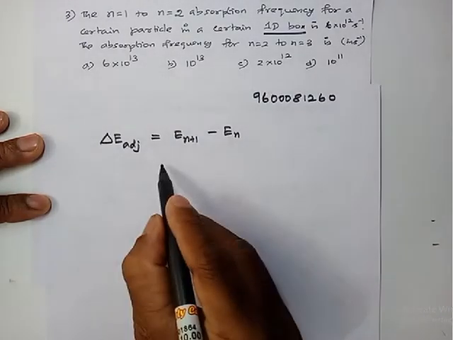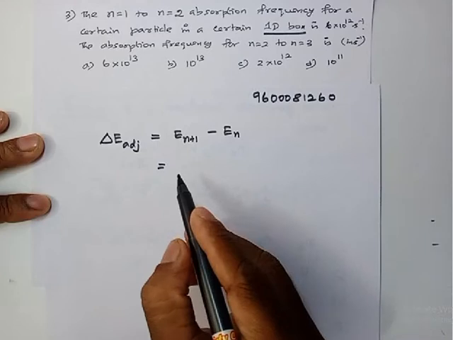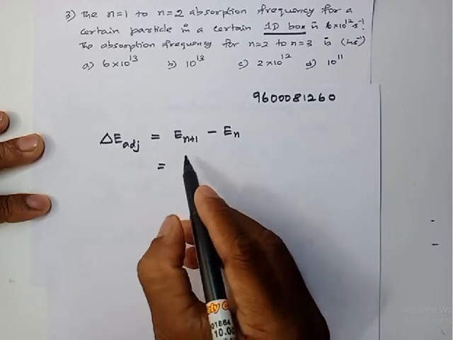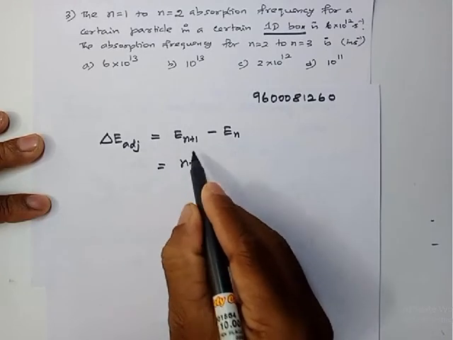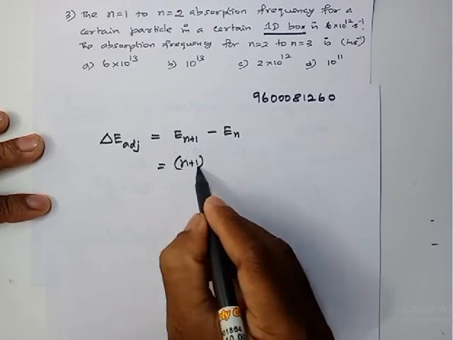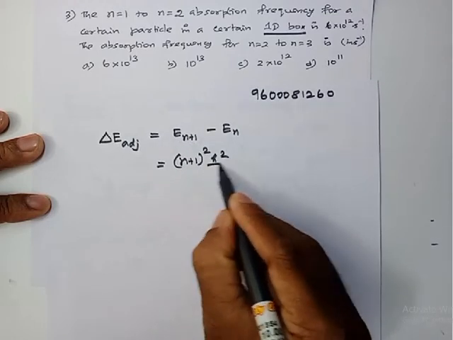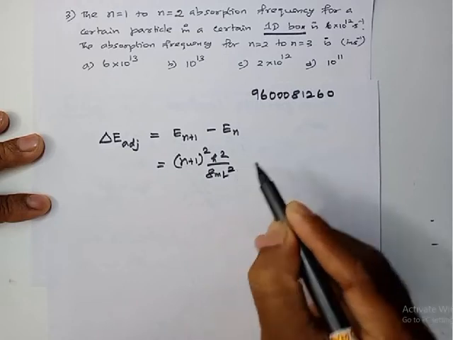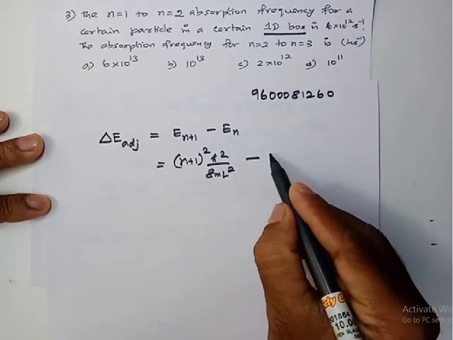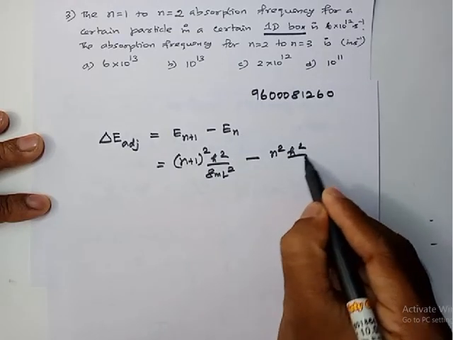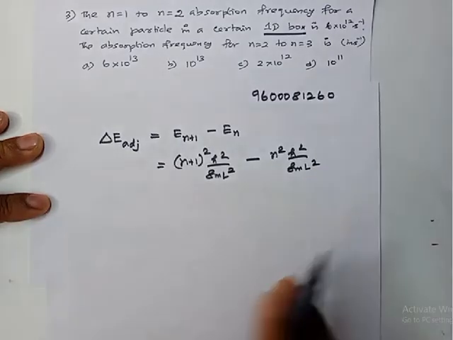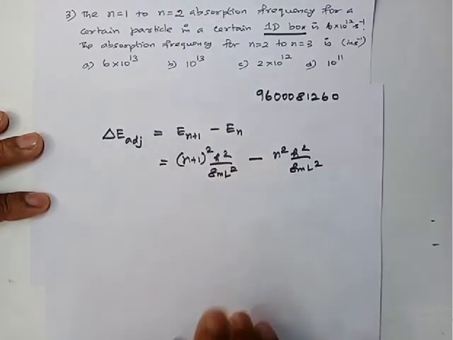For a 1D box the energy formula is: n plus 1, here the quantum state is n plus 1, the whole square times h square by 8 ml square, minus n square h square by 8 ml square, because here the quantum state is n.